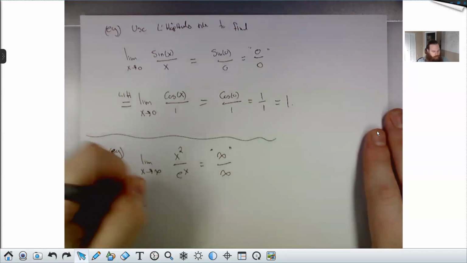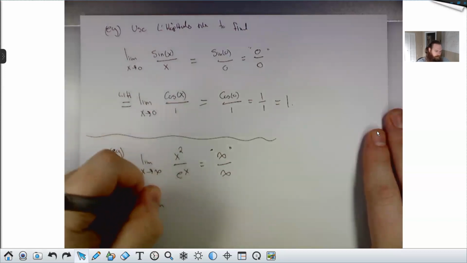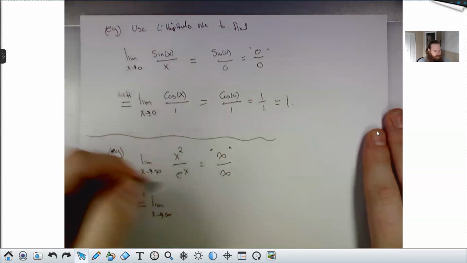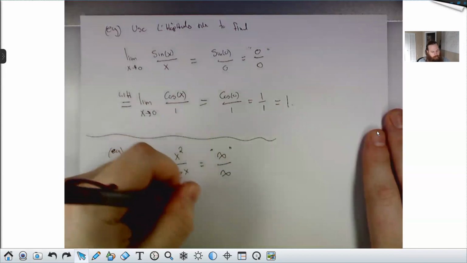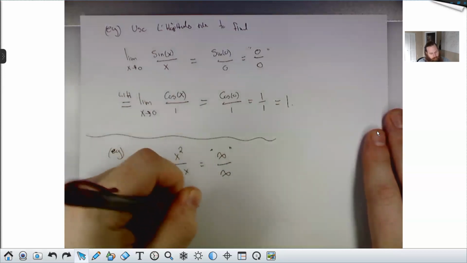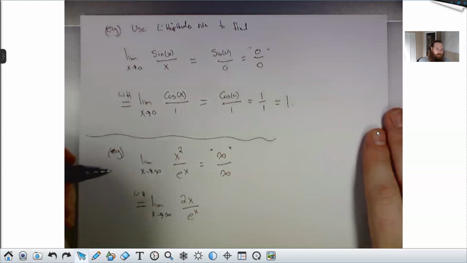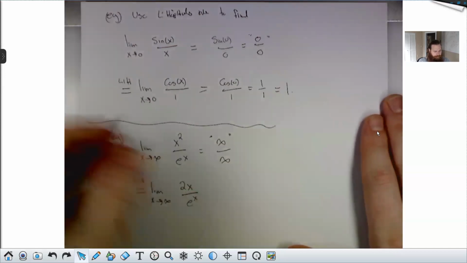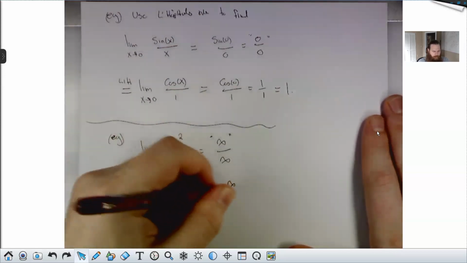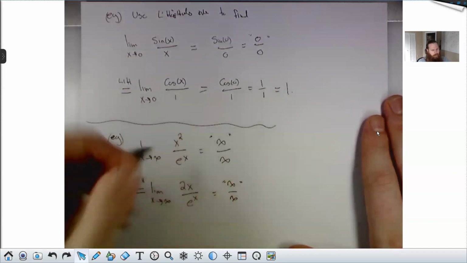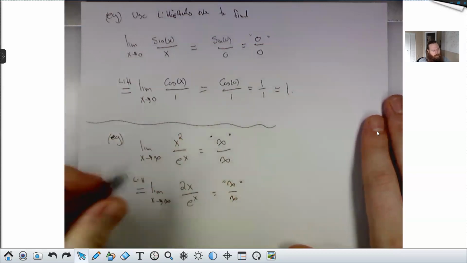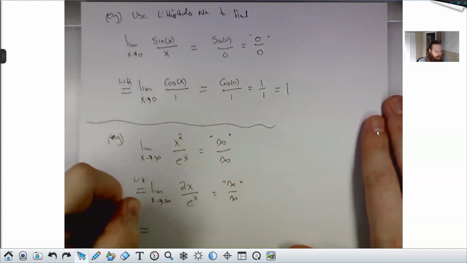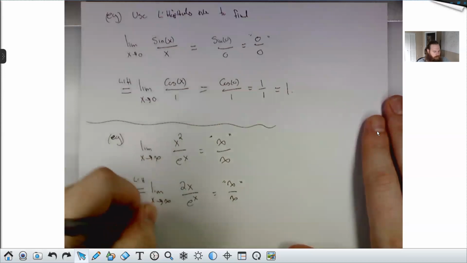So I can use L'Hopital's rule to rewrite this limit as the limit as x goes to infinity of the derivative of the top, which is 2x, over the derivative of the bottom. The derivative of e to the x is still e to the x. This still looks like infinity over infinity. If you plug in infinity, 2 times infinity is infinity, e to the infinity is infinity. So I need one more application of L'Hopital's rule.